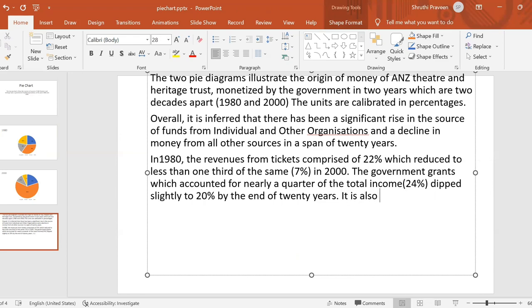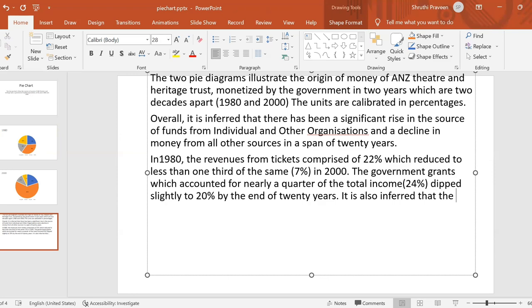There's also inferred that shop sales, I'm going to write sales proceeds, or maybe proceeds from sales is better.